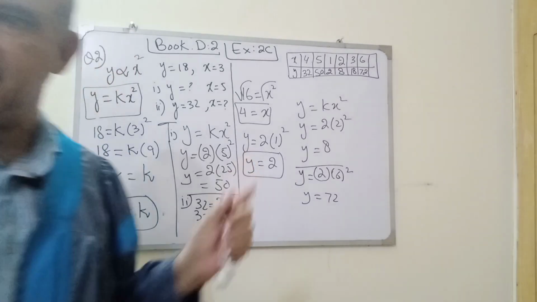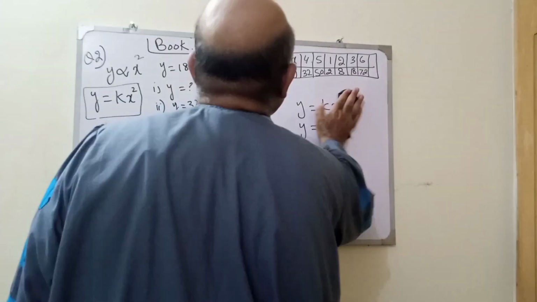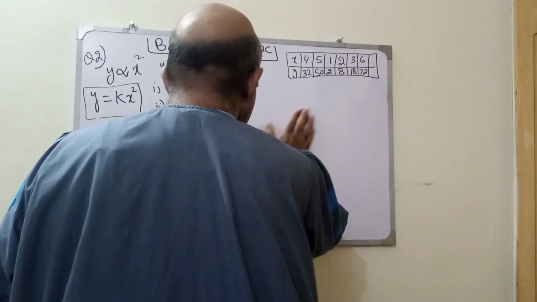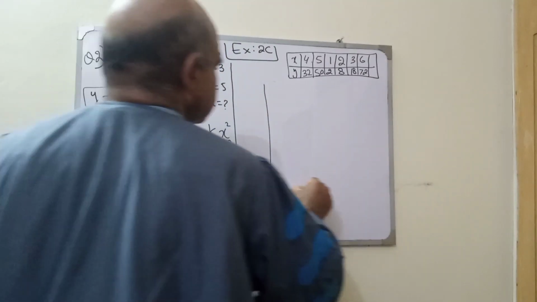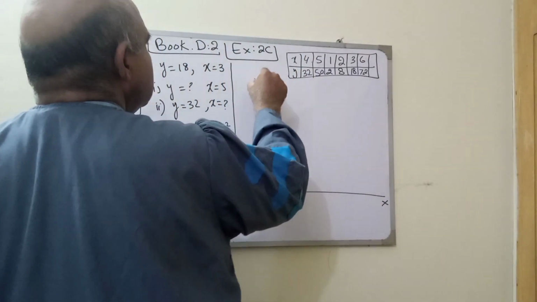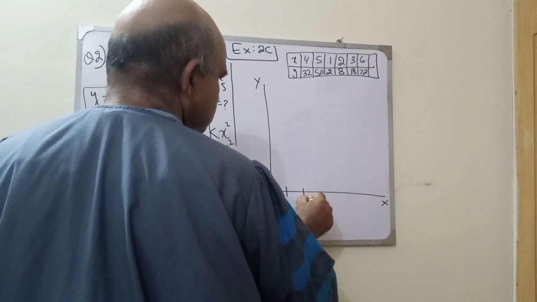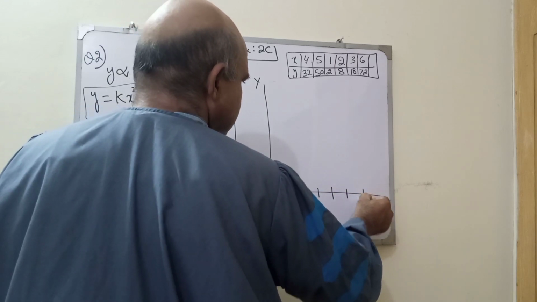Now I'm going to draw the graph for you people here. Look at here. This is x, O, y, right? So we write the values of x: 1, 2, 3, 4, 5, 6.